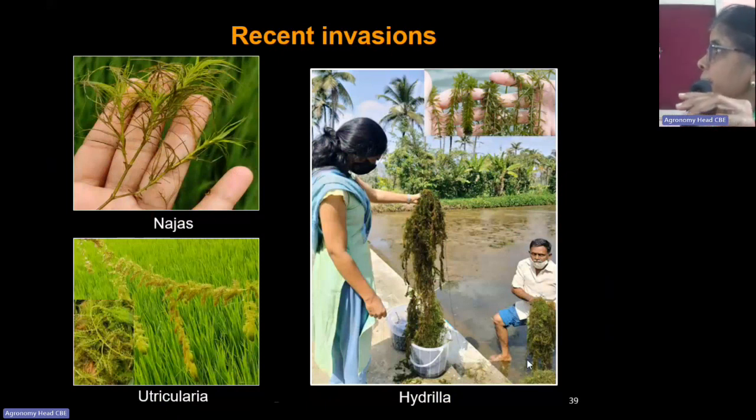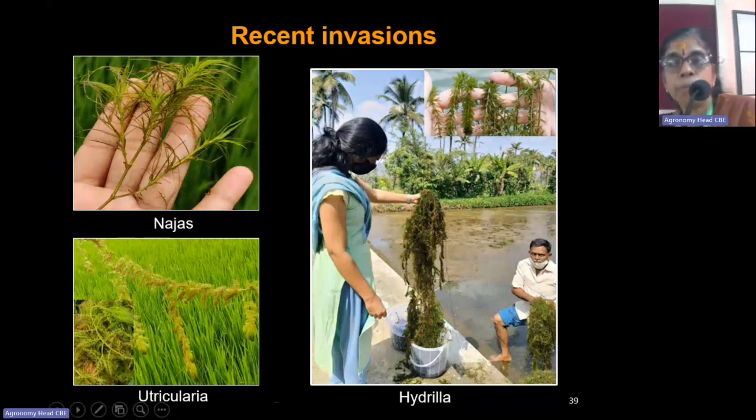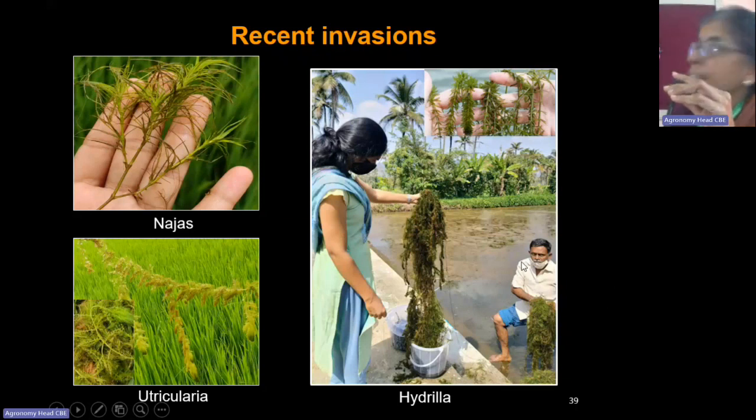From 2020 onwards, after I took charge as PI in 2020, we have been working on these weeds. In the first week of my joining, a call came from a nearby temple, Mudikot Shiva temple, which is in this photograph. They said it is completely infested with a particular weed.